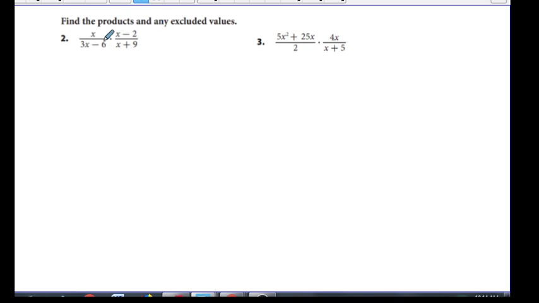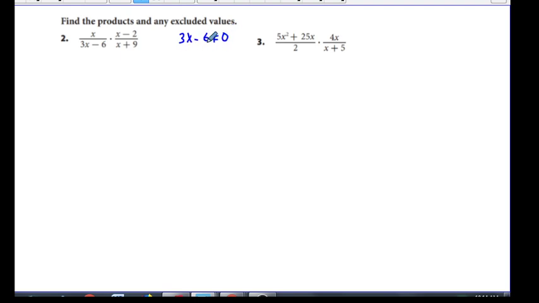Basically what really helps you first of all in these problems, I find, is to look for excluded values. That means setting these denominators equal to 0 and seeing what doesn't work. So we have 3x minus 6 not equal to 0.